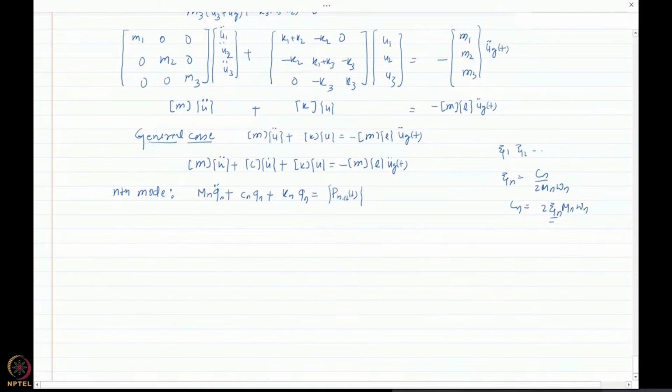I'll just delete the subscript; that is just called directly Pn.